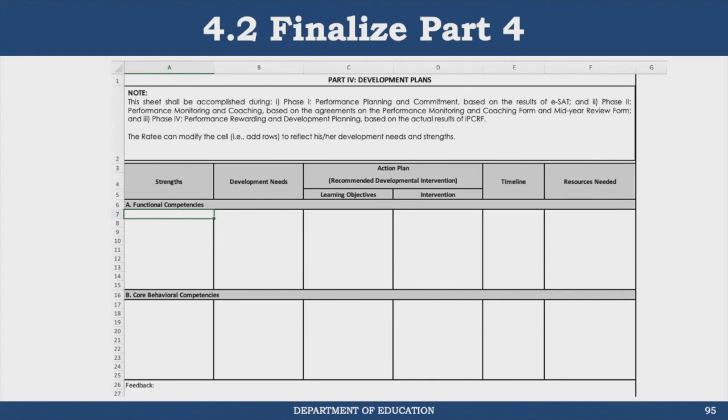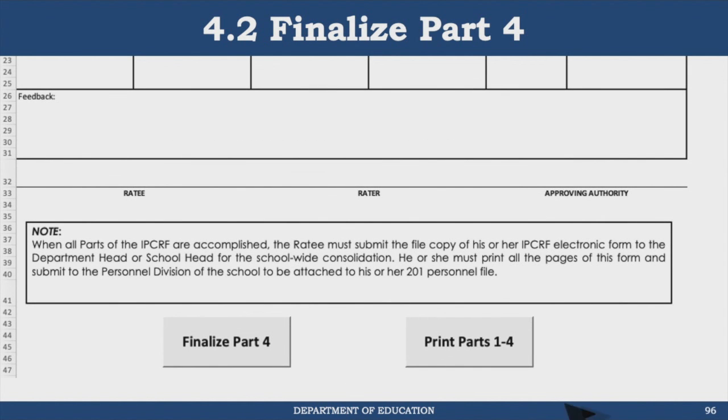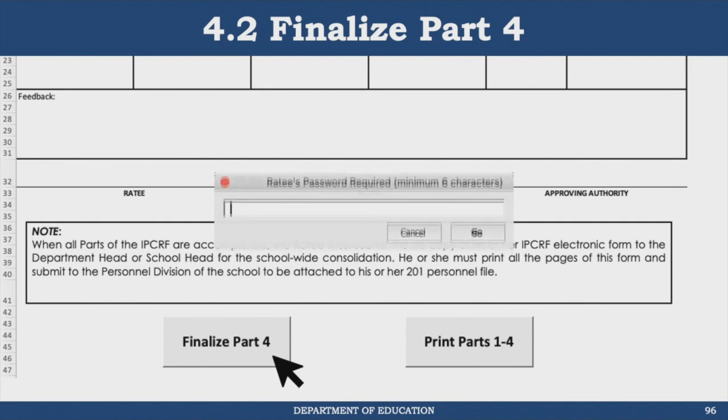Again, you will confirm that Part 2 has been locked or finalized because the screen or the background color has turned red. Finally, the Ratee opens Part 4 and encodes his or her development plans. After encoding, at the bottom, the Ratee will click Finalize Part 4 button, which will again prompt for the ratee's password that he or she set when finalizing Part 2.